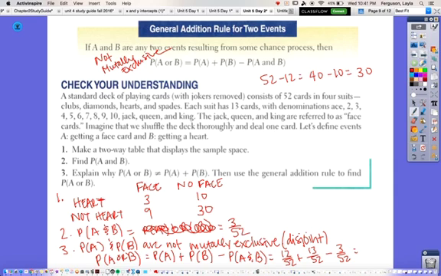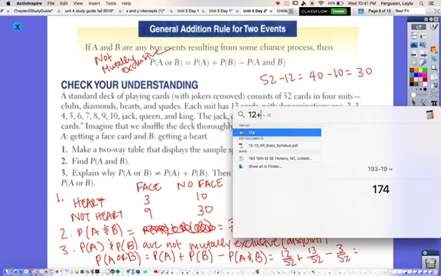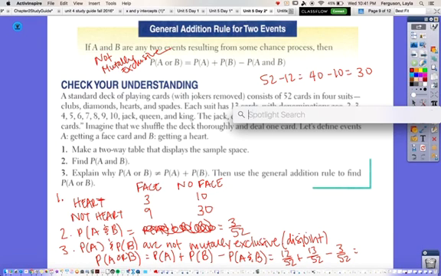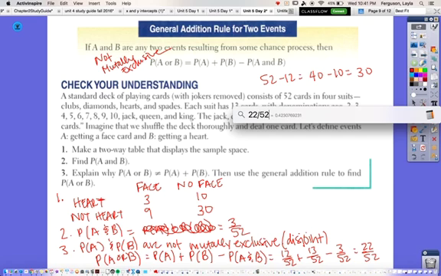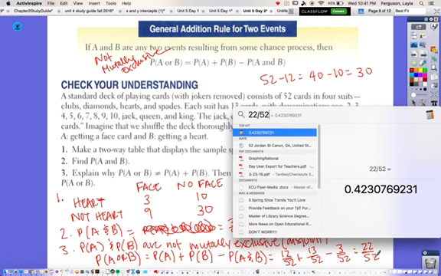So basically what we need to do is we say 12 plus 13, 25, minus 3, 22. And so we would get 22 out of 52 as being either a heart or a face card. And you could say 22 out of 52 is the same thing as 0.42.